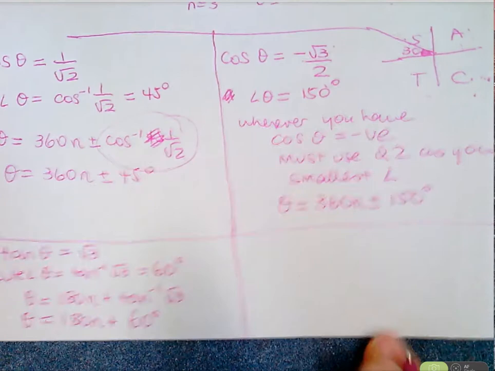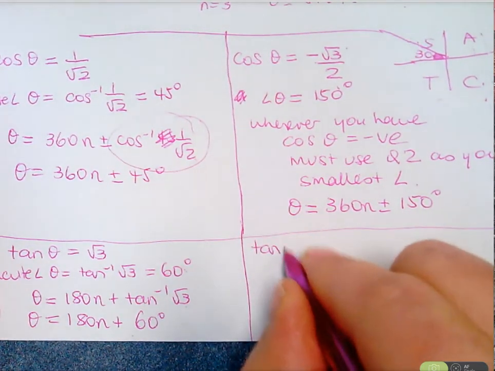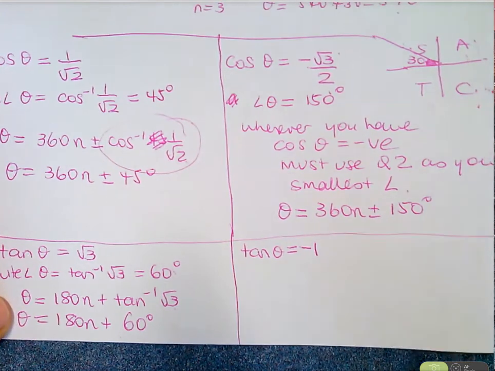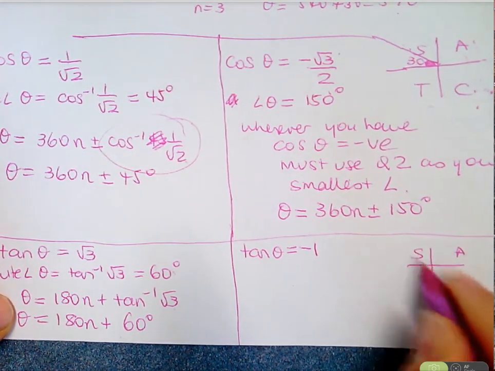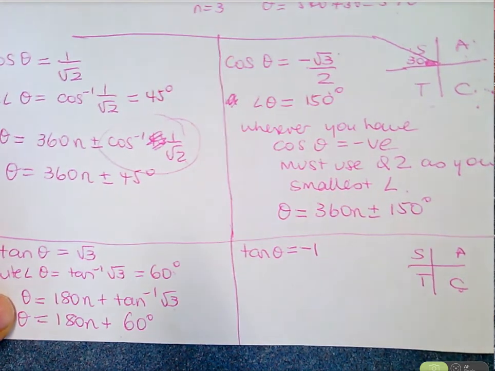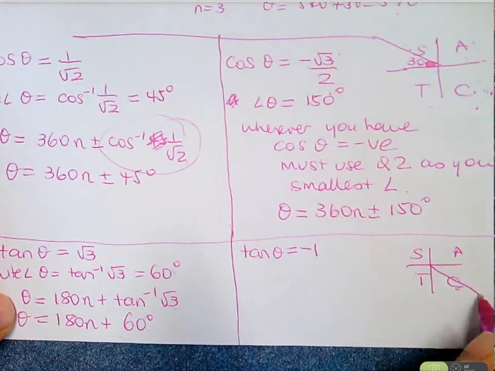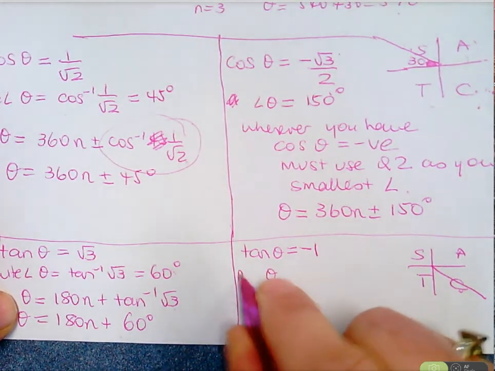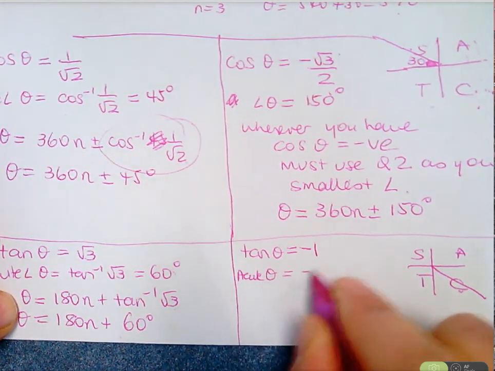Now, for negative tan angles, tan of theta, let's say, is negative 1. Okay, all stations to central. We want the negative. Can tan be negative in quadrant 4? So I need the quadrant 4 angle. Tan of what is 1, by the way? 45. But the acute angle has to be negative 45.